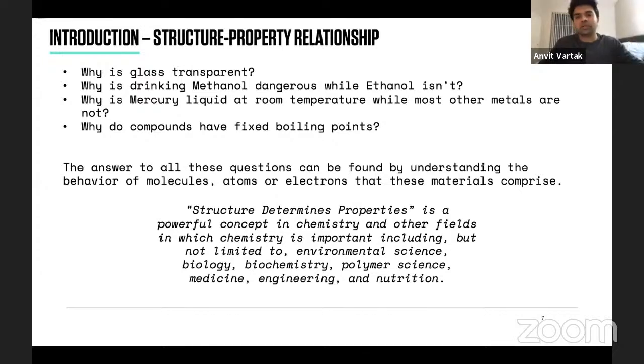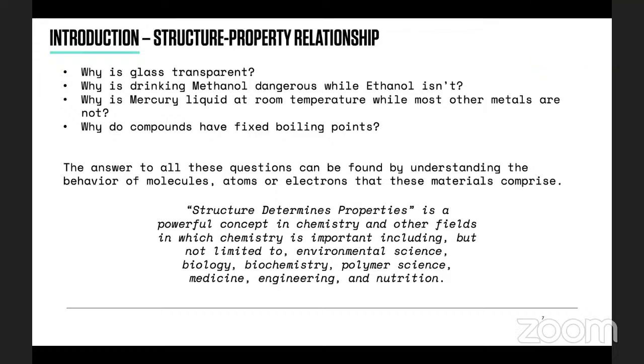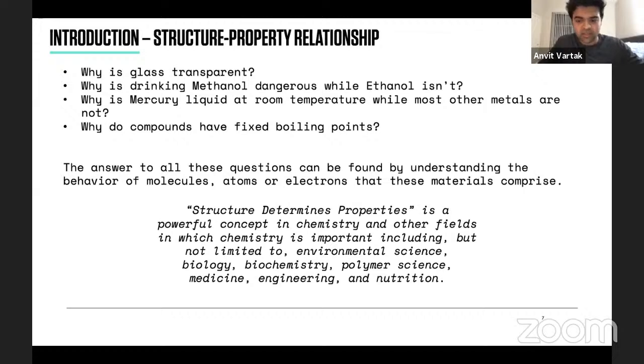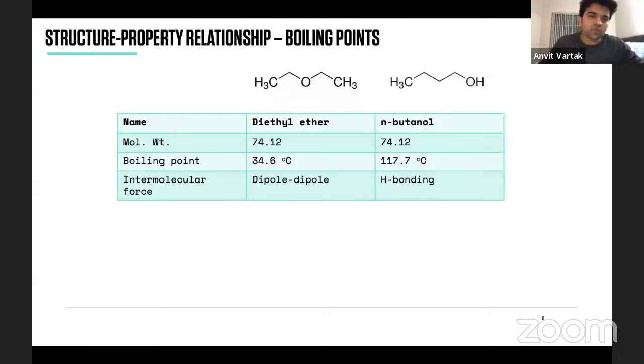And you can later read about it more. We use it in chemistry a lot. We use it in biology. We use it in engineering, unknowingly a lot of times. We just have to find out how we use it. So one very good example of how that can be applied into your day-to-day thinking is, think of diethyl ether and N-butanol.